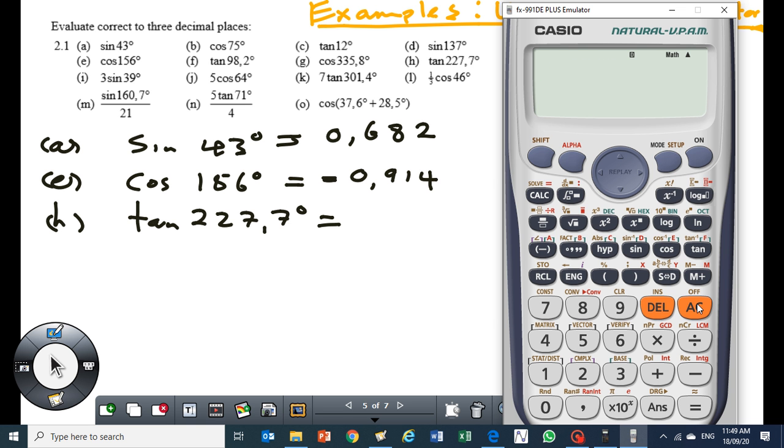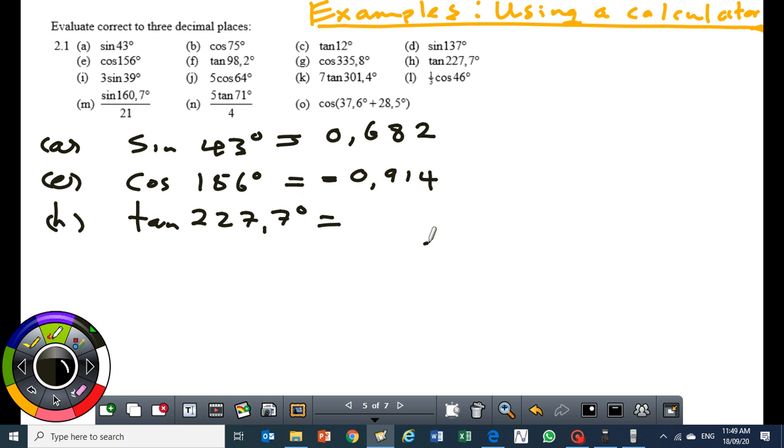So it will be tan 227,7. So you get 1,099 to 3 decimal places.